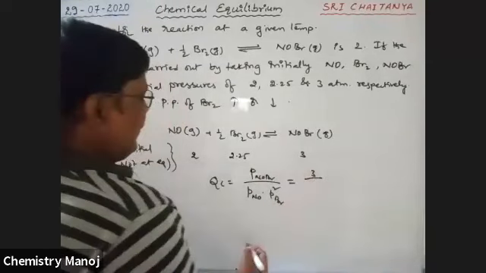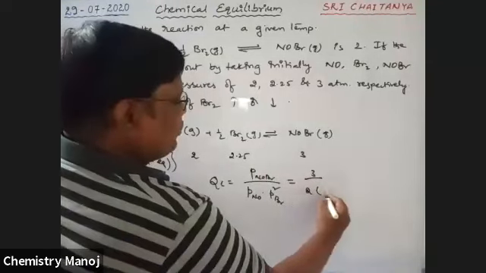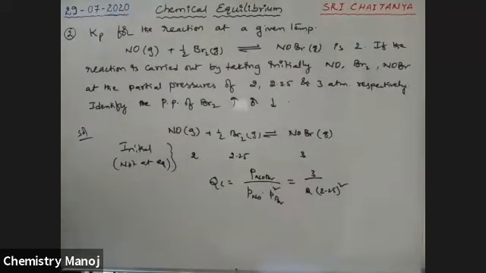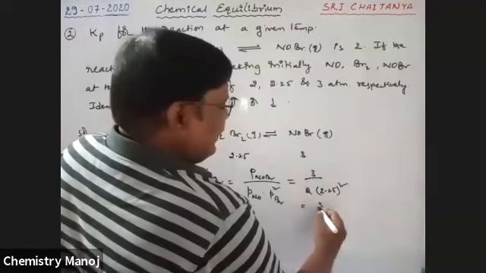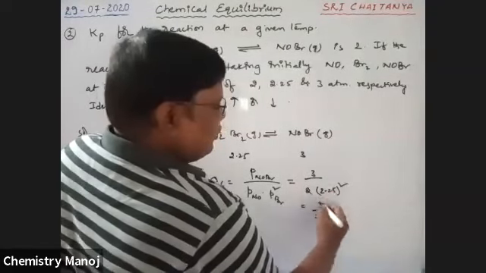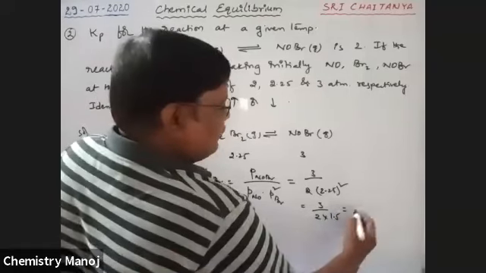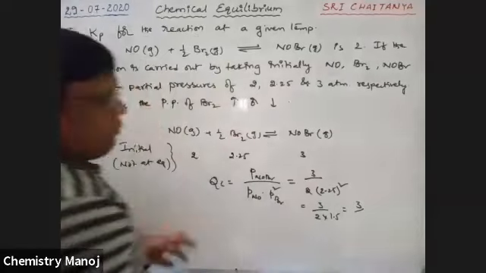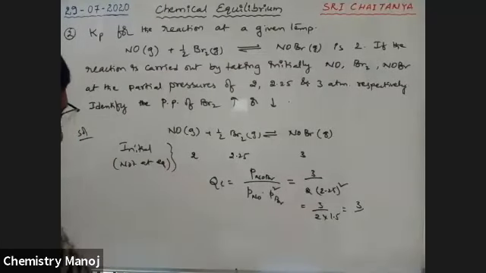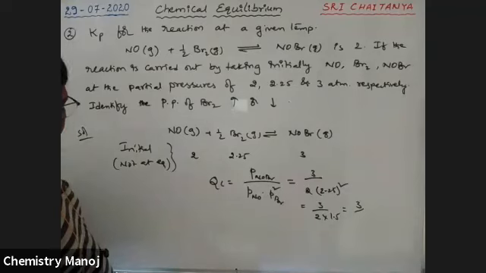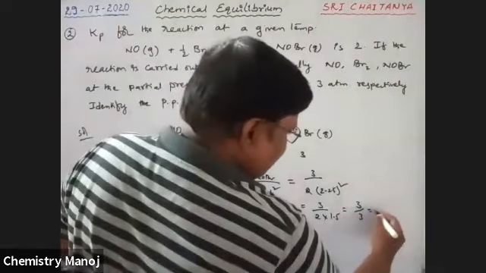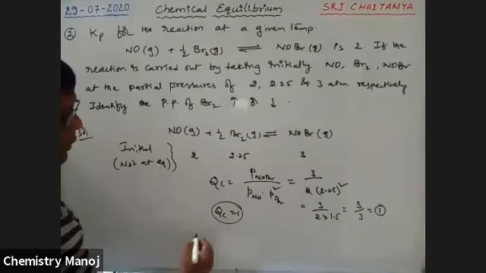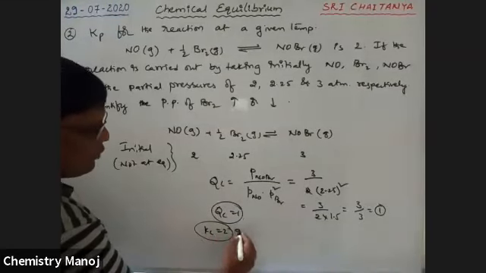That is 3 by 2 into 2.25 whole power half, which is 3 by 2 into 1.5, that is 3 by 3, which equals 1. Therefore, here Qc is equal to 1, but Kc is equal to 2, given to you.